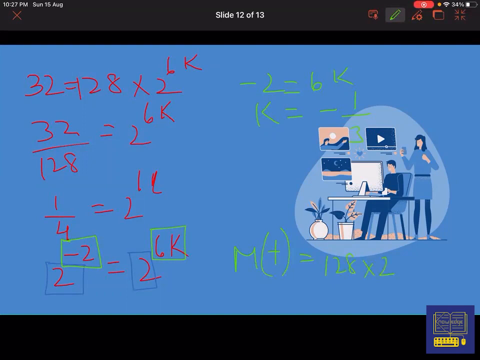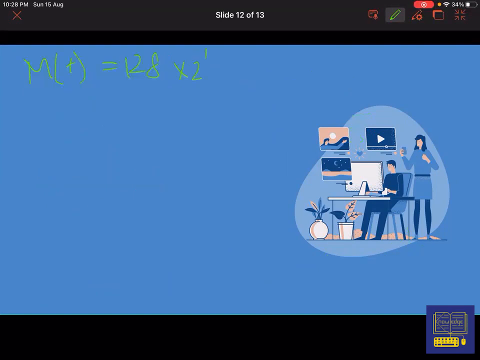So since the equation has the power of minus 1/3, we need to find m when t equals 10.